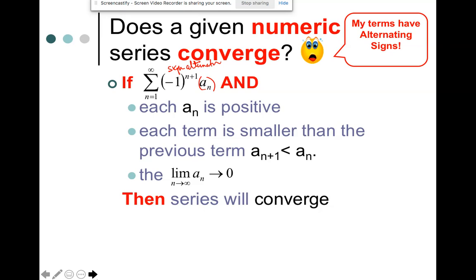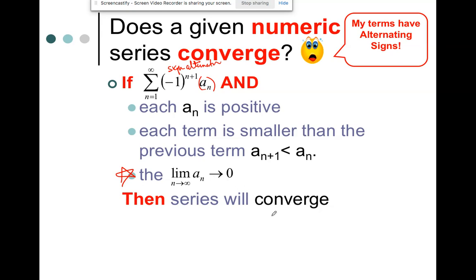This is basically, remember the nth term test for divergence where I kept telling you just because your terms go to 0, it doesn't mean you converge? It does if you're an alternator. So really, all you need to remember is this. If you have an alternating series and the limit of those terms without the alternator goes to 0, then your series will converge.